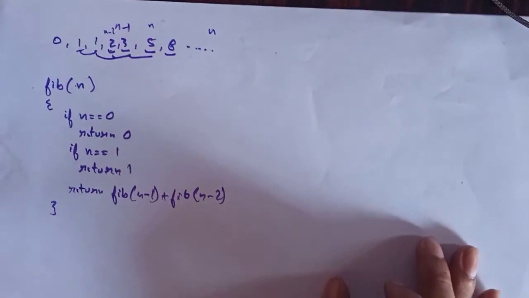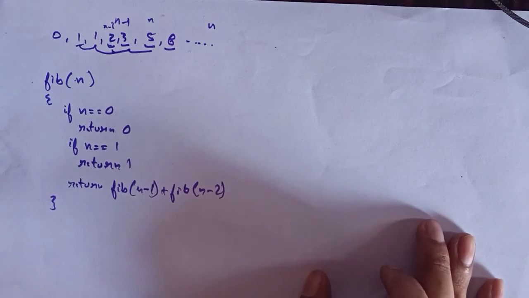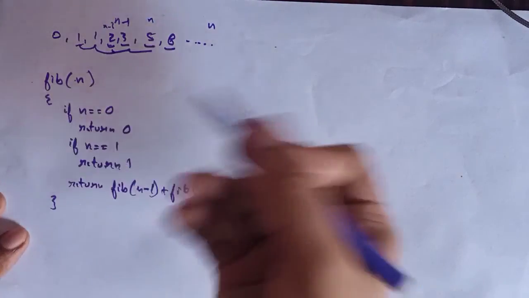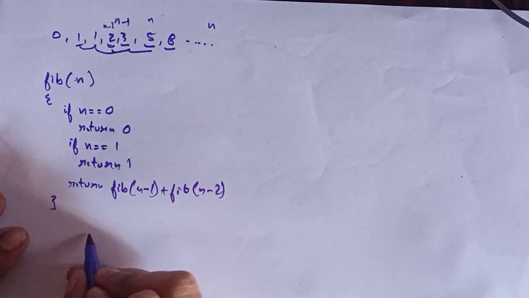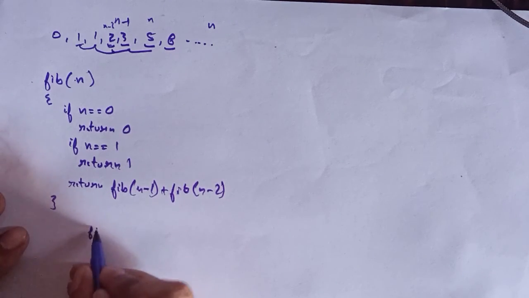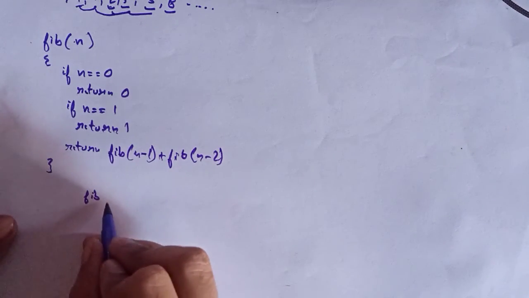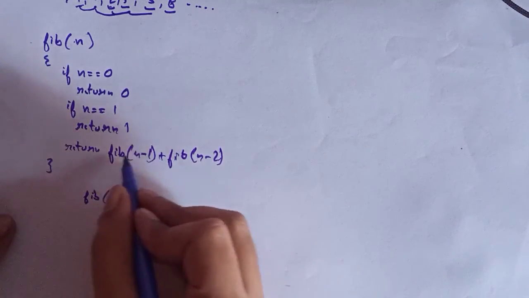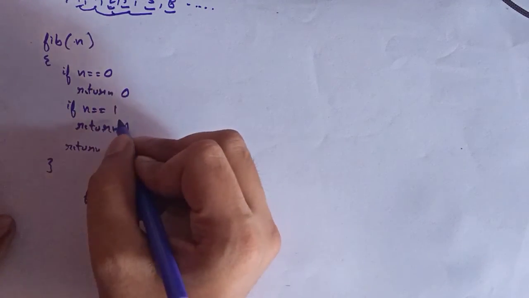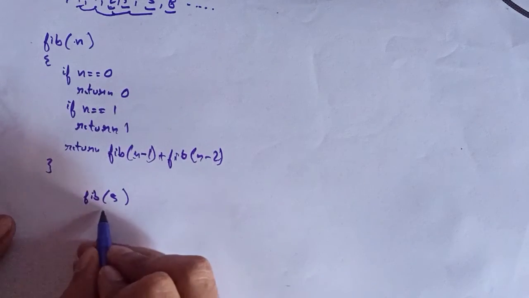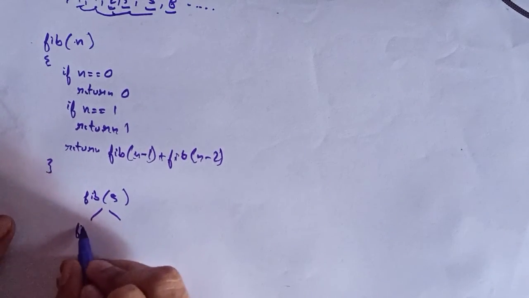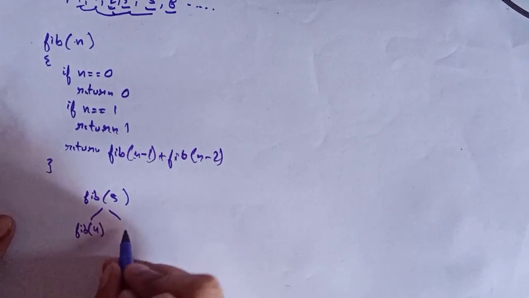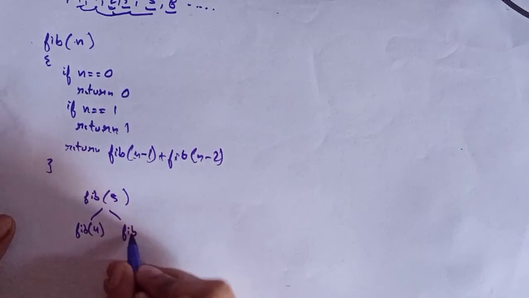That's a solution. But there is a slight problem in this approach. What is that? Let's execute it for, let's say, fib of 5. If we run this program for n equal to 5, what do we get? Since it's not equal to 0 or 1, we get fib of 4 and fib of 3.